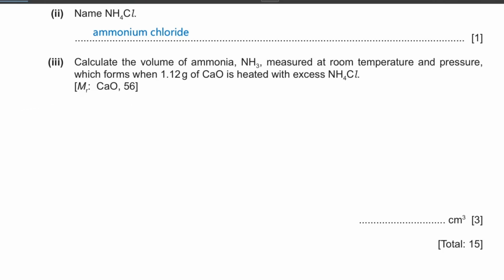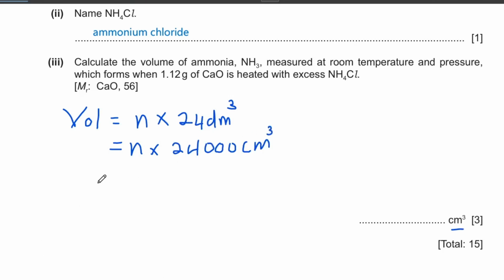You need to remember your formula: volume of gas at room temperature and pressure is equal to the number of moles, n, multiplied by 24 dm³, the volume occupied by a gas at room temperature and pressure. But the unit here is cubic centimeter, so we change it: n multiplied by 24 times 1000, which gives us 24,000 cm³.